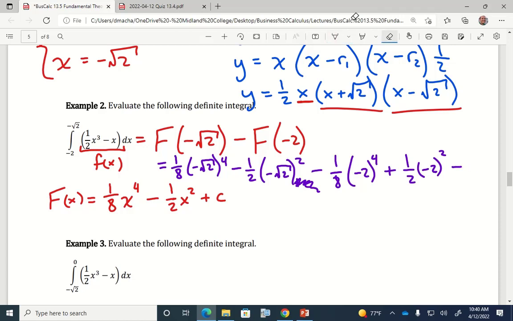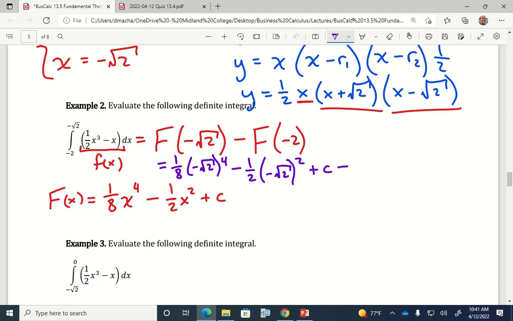I'm going to repeat that one more time, just because I think this is an important thing to notice about your very first definite integral problem. Right now I'm dealing with my capital F of negative square root 2. And so I've plugged in negative square root 2 for x in my antiderivative formula.